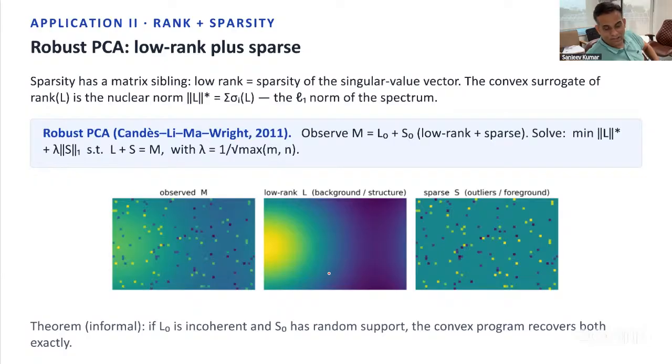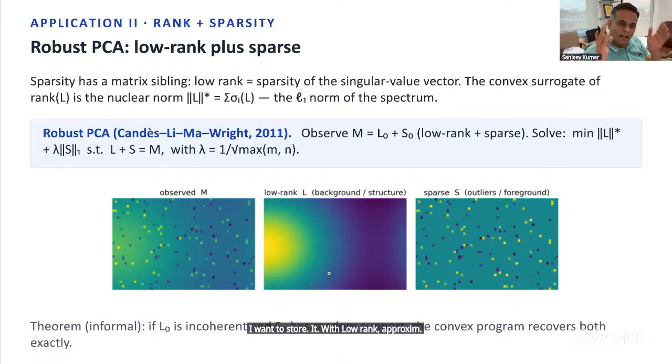Low rank sparsity. In many applications, even in AI, when I have a matrix of model parameters, I want to store it with a low rank approximation. Again, the L1 setting gives me the low rank approximation of a matrix.